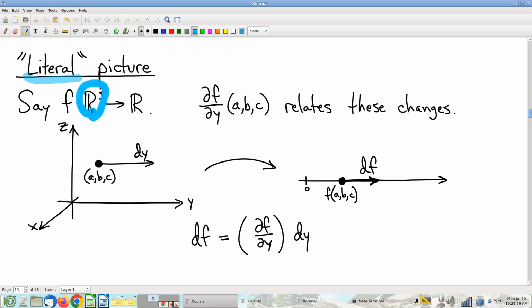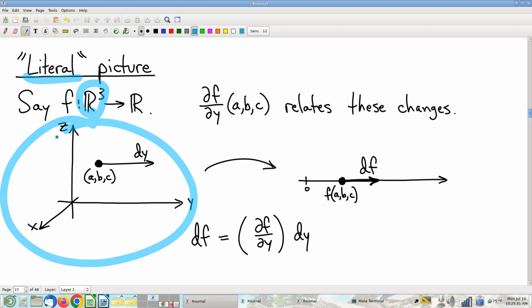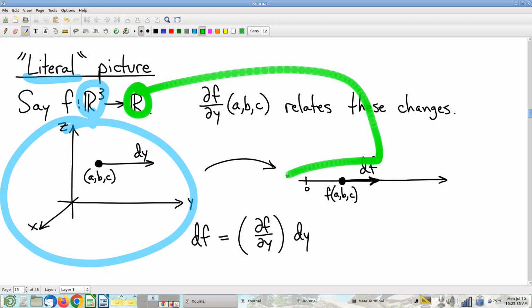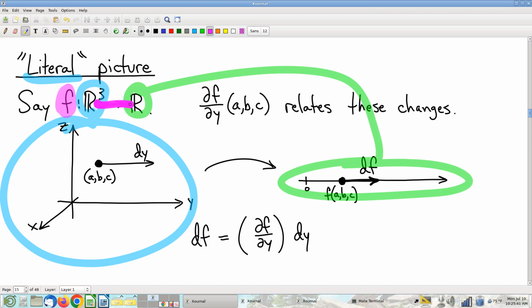I can just straight up draw the domain, right? I can just literally draw the target. And I can think of what the function is doing as taking points out of the domain and putting them into the target, like so. About as literal as I can get for drawing what the function is and what it's doing.